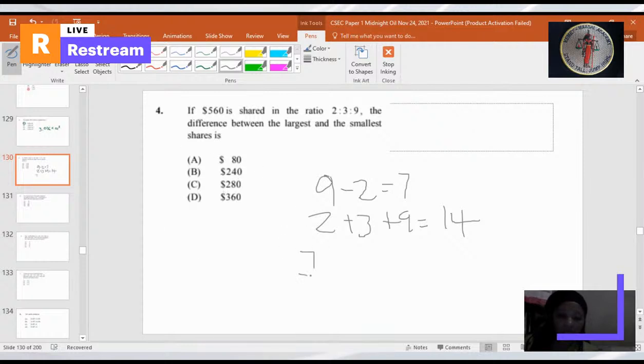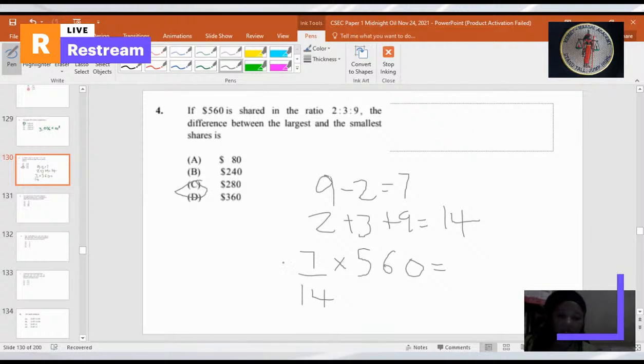Remember, the difference is 7 over the 14. 7 over 14 is a half. So half of 560 would be 280.